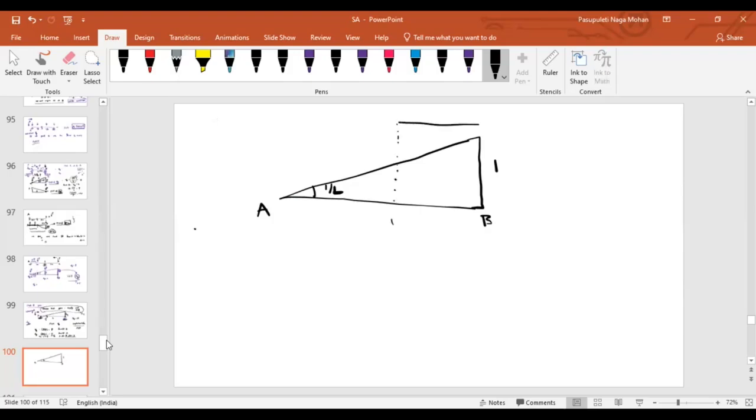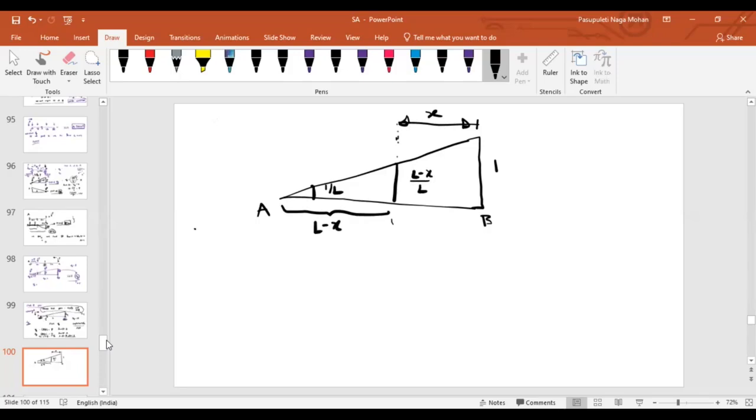What is this distance? X. Then what about this ordinate? Slope is here. So from the slope, what is this distance? If total is L, L minus X. So what is this ordinate? L minus X by L.